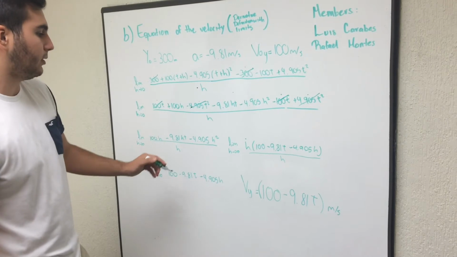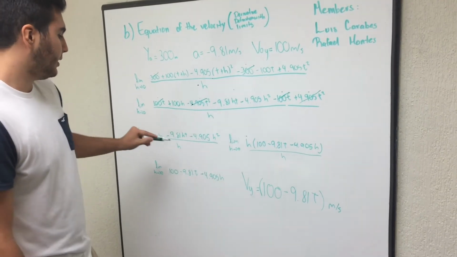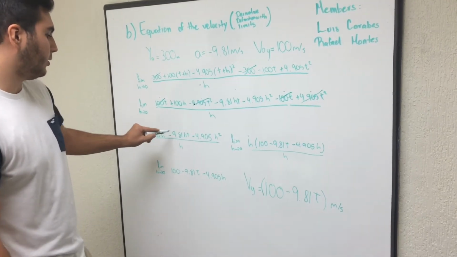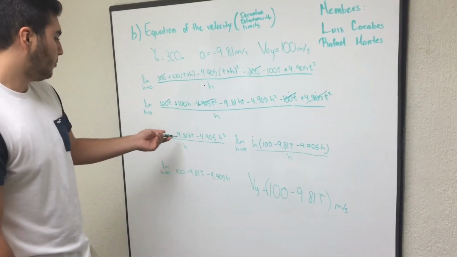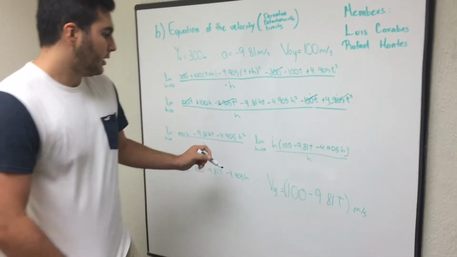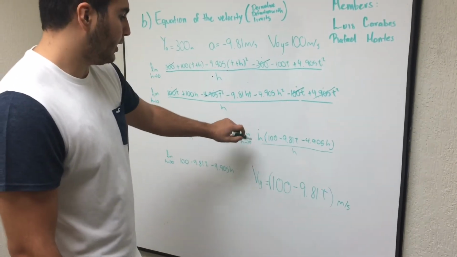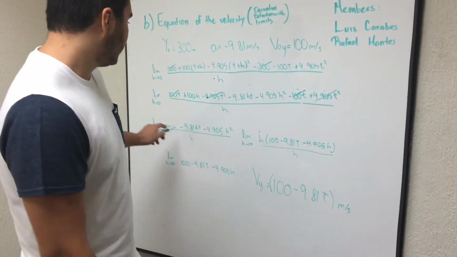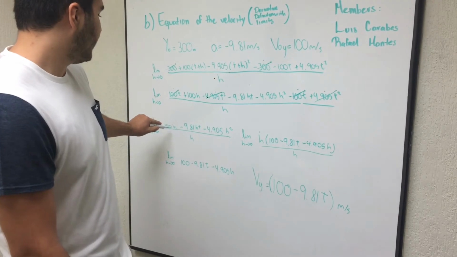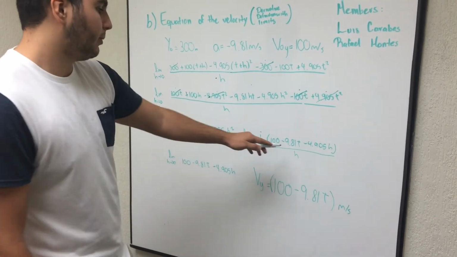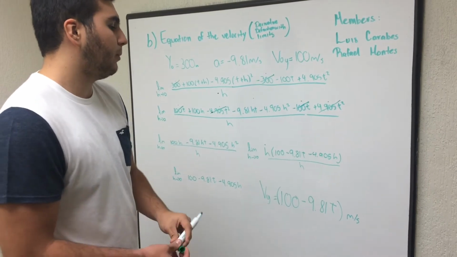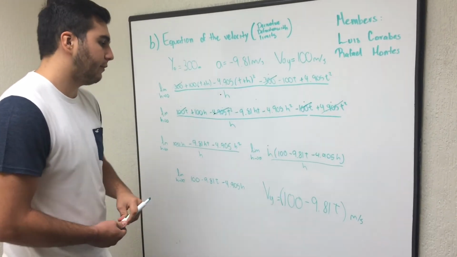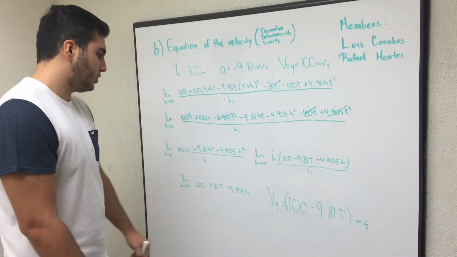In this part we need to take out the h, because in all these parts we have h. So the h is already out and we have all these. So without the h it is 100 minus 9.81t, and minus 4.905 h over h.